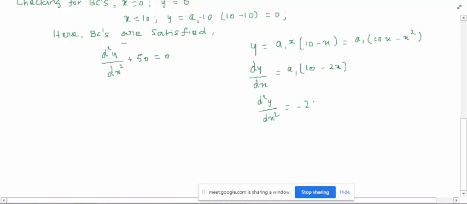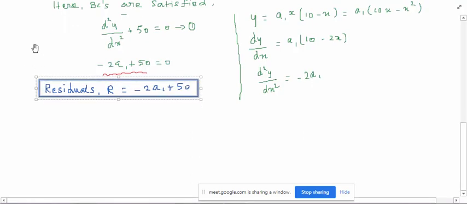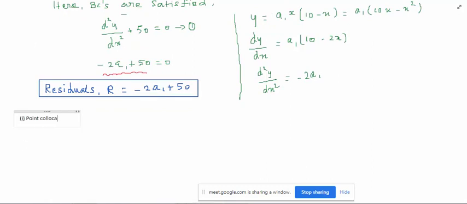If you again differentiate this, it will become minus 2a1, right? So this is the value. You substitute this into the differential equation. So minus 2a1 plus 50 is equal to 0. Now we are assuming that this is the calculated residual. Okay, so this is your second step. Before proceeding with any method, you have to find out the residual of the problem.